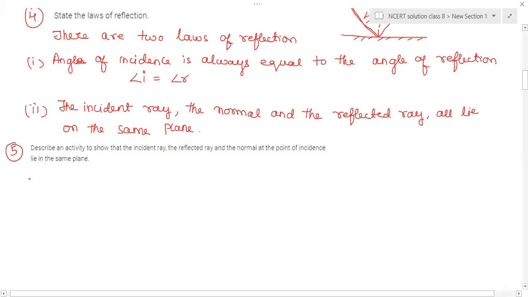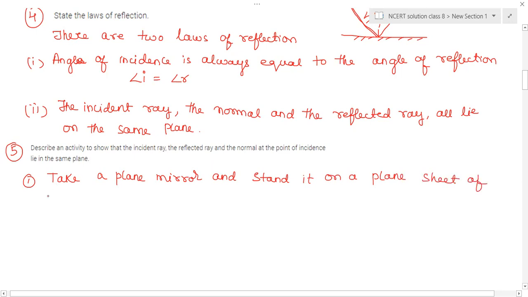Step 1, take a plane mirror and stand it on a plain sheet of paper with the help of a block.